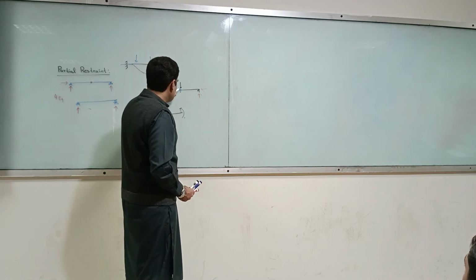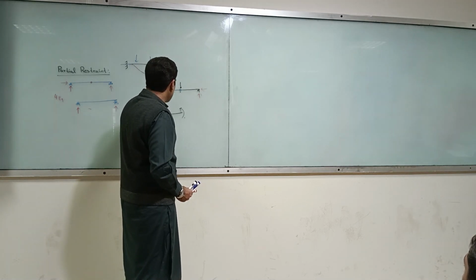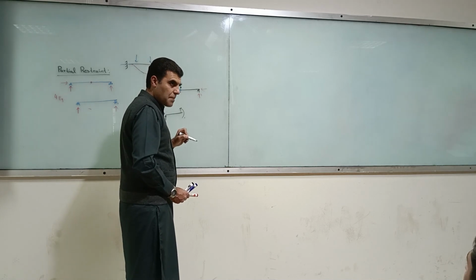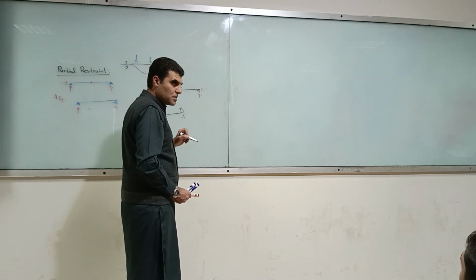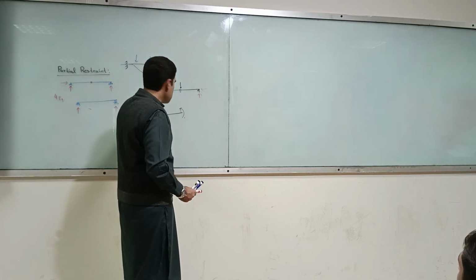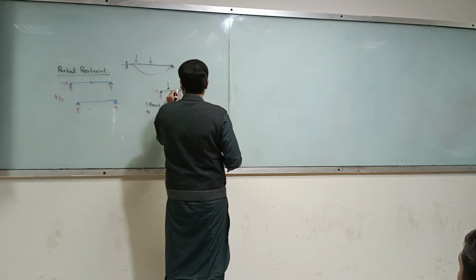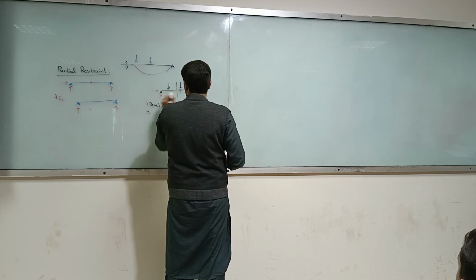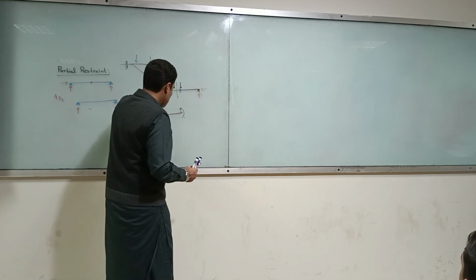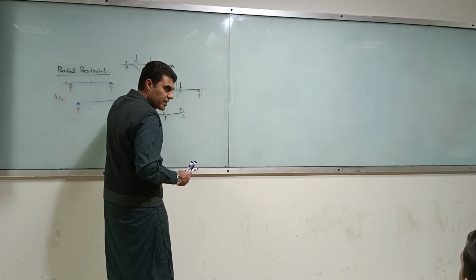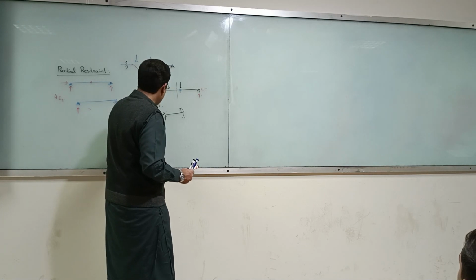In this case, if you put your load over here, for example, so what will happen? It will still balance, sir. How can it be balanced? If you put your load over here, you will have some moment.